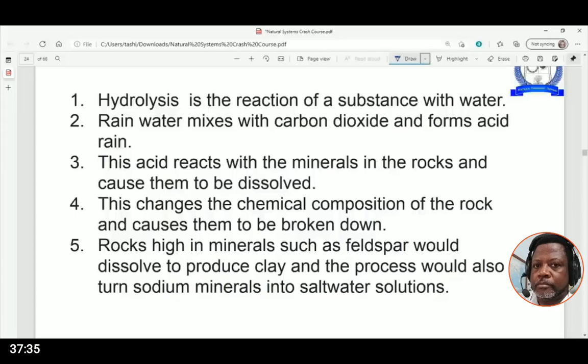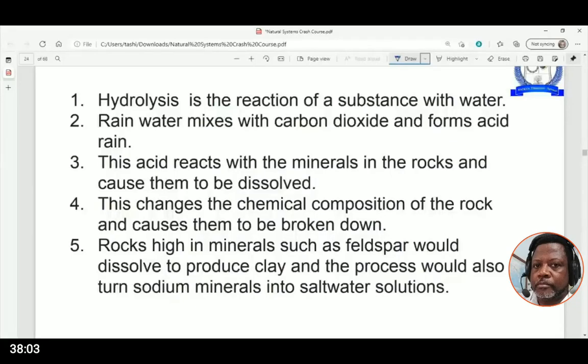Rocks that are high in minerals such as feldspar would dissolve to produce clay, and the process would also turn sodium minerals into saltwater solutions. So the rainwater is basically selecting what type of rock it affects and what specific mineral inside the rock is affected.